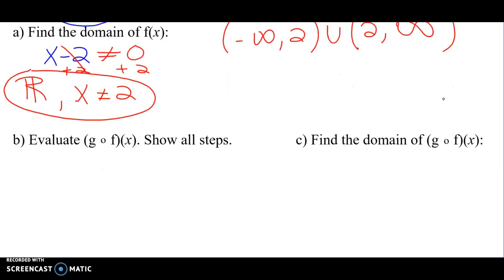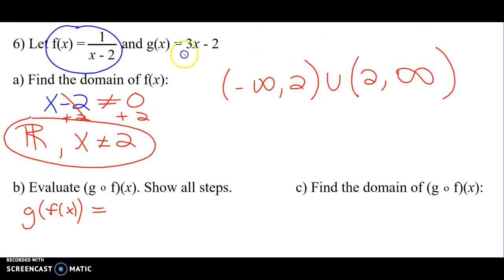I'm going to first write this as g of f of x. So what's being plugged into what? f is getting picked up and dropped into g. So I'm going to start by writing the g function, which is 3.